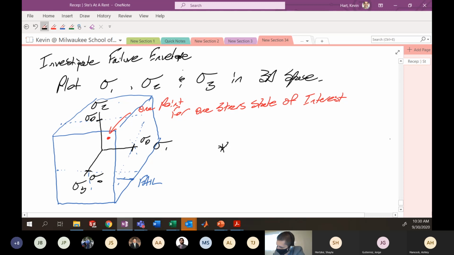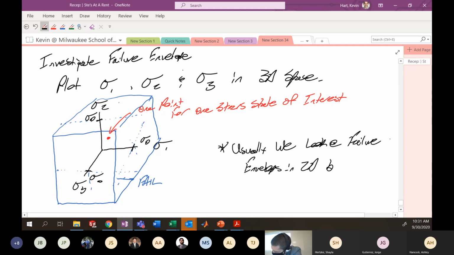So usually, we look at failure envelopes in 2D by assuming sigma 3 equals 0.